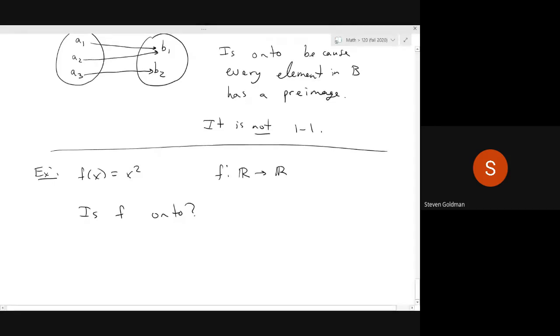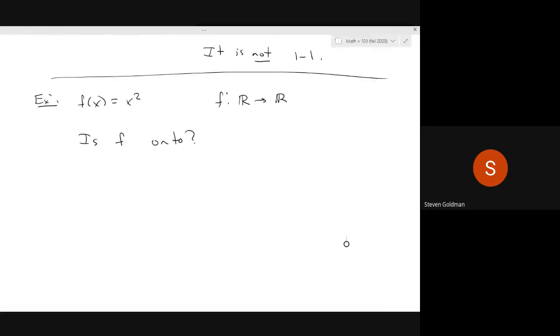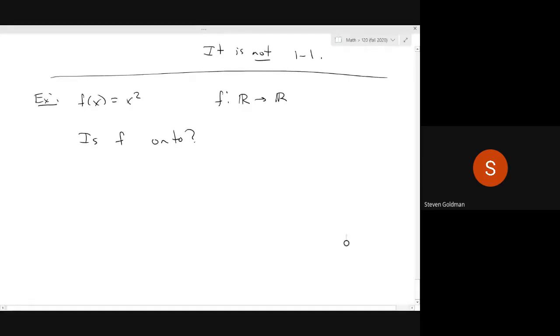Okay. Let's see if this function is onto. All right, so let's go over this. Is this function onto? To be onto, every element in the codomain has to have a pre-image.